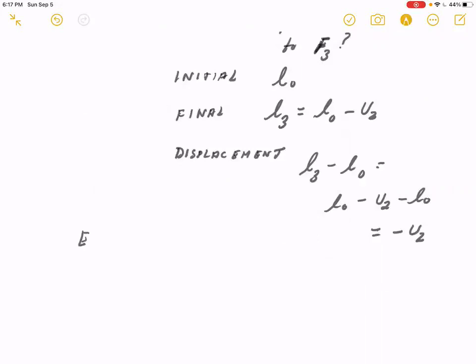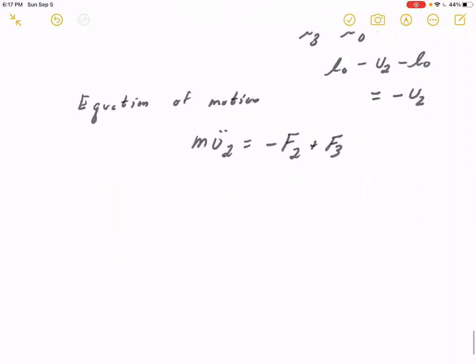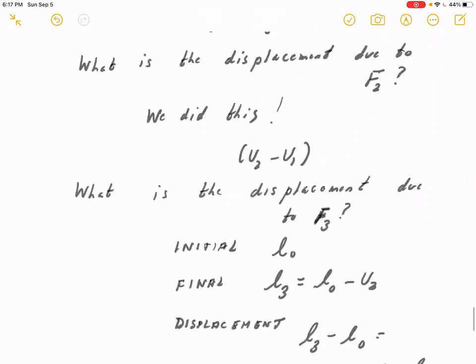So what's the equation of motion for the second mass? The mass times the second derivative of U sub 2 with respect to time is minus F sub 2 plus F sub 3. And this is minus F sub 2. There it is.